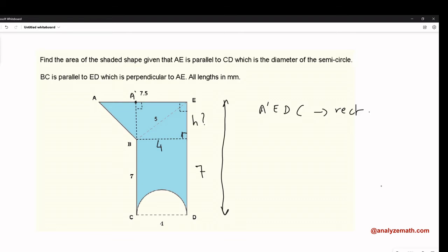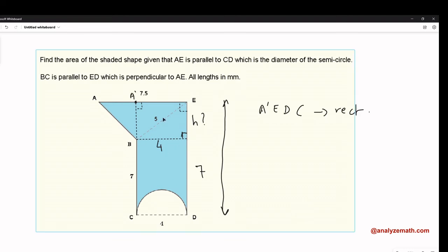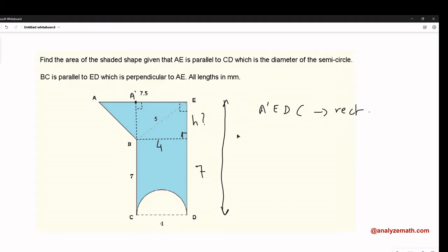Let's call it H. Here we have a right triangle, so we can use Pythagoras theorem. This is the hypotenuse. One side is given, the other side is not given. So the Pythagoras theorem tells me that the hypotenuse squared is equal to the sum of the squares of the two other sides.